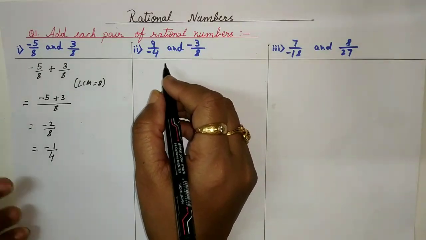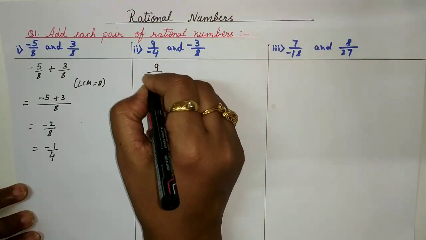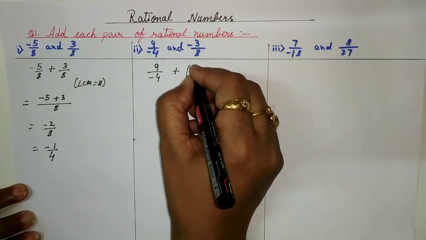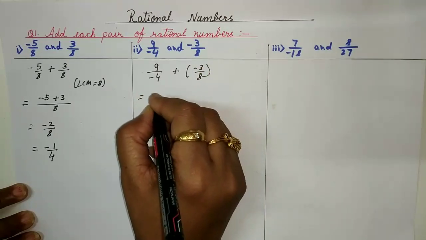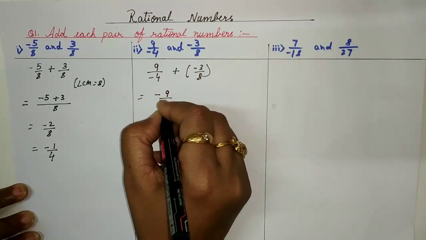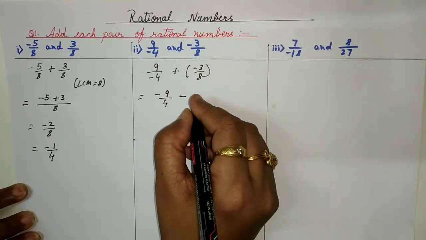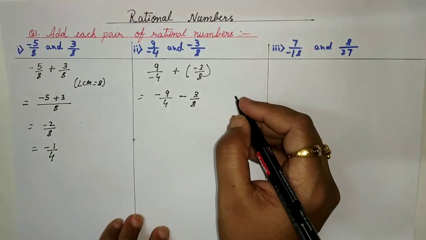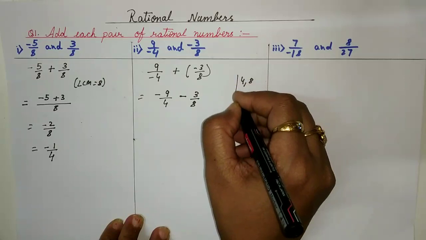The second question, here we go, is 9 by minus 4 plus minus 3 by 8. So that is equal to minus 9 by 4 plus minus becomes minus 3 by 8. Now we find out the LCM of 4 and 8.